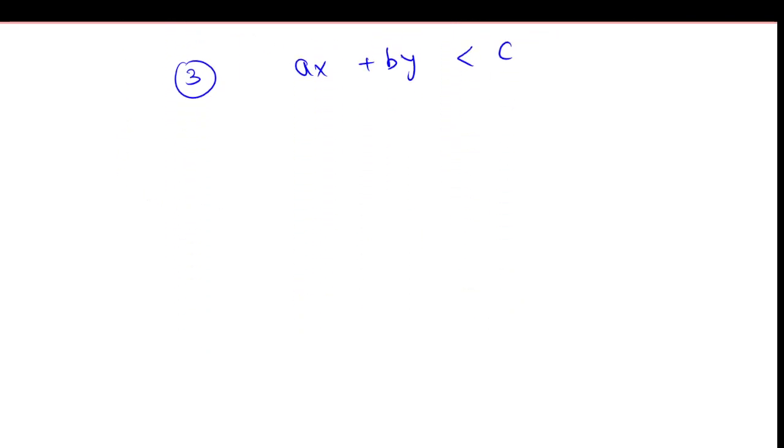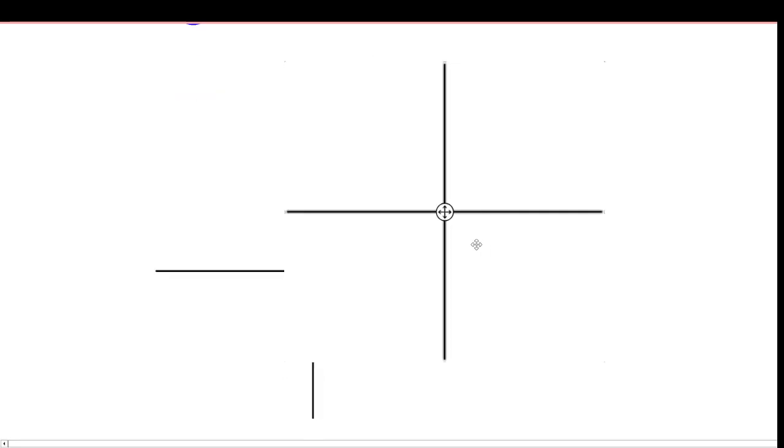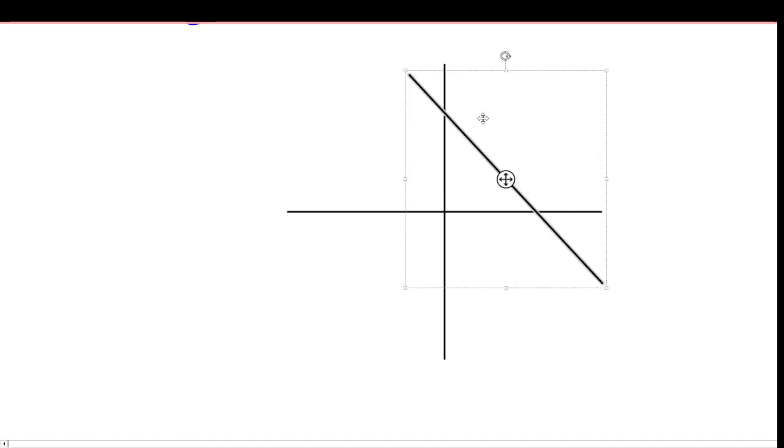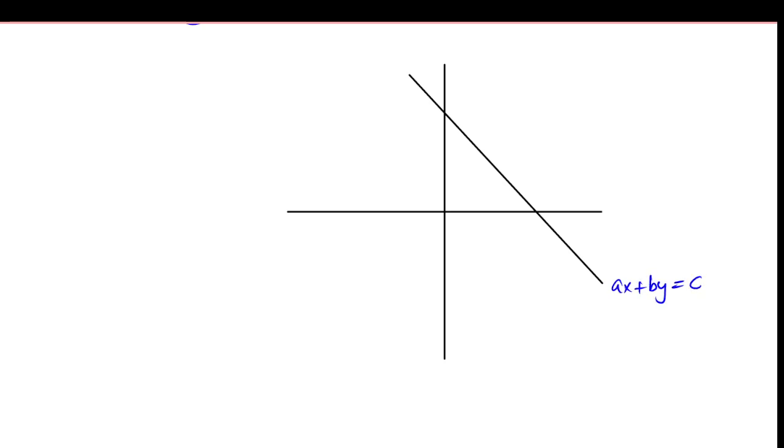So let's plot a Cartesian system. So this is a Cartesian system, and this is a line which is ax plus by equal to c, and this is the y-axis and this is the x-axis.